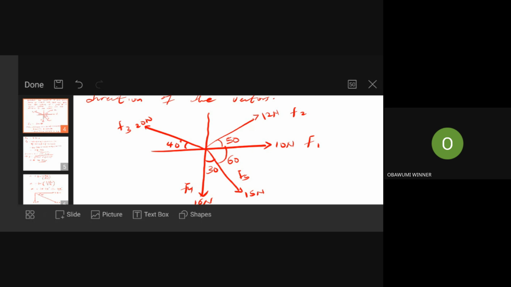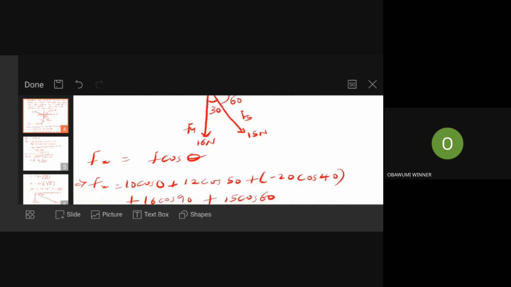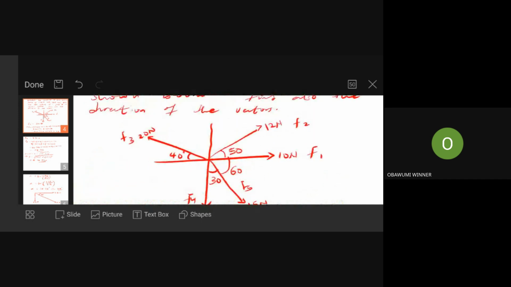You can see it was the 12 Newton force, which is F2, that made the angle of 50 degrees with the horizontal. The 10 Newton force is lying on the horizontal. There is no angle being made since the force is on the same horizontal line. The angle must be subtended with the horizontal line. That's the point. F1 is just on the horizontal plane, no angle made. So that's how we got F cos 0 there, which is 10 cosine 0. And then we did 12 cosine 50 for F2.